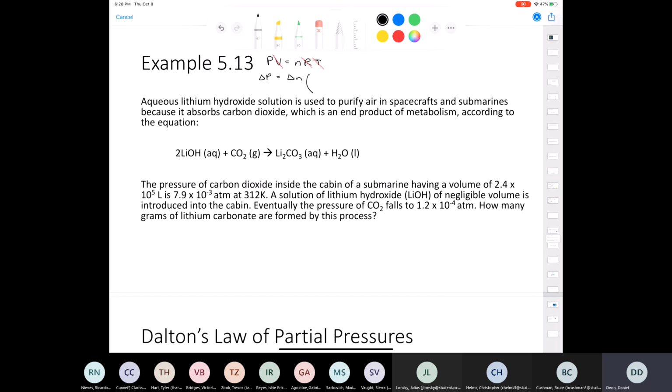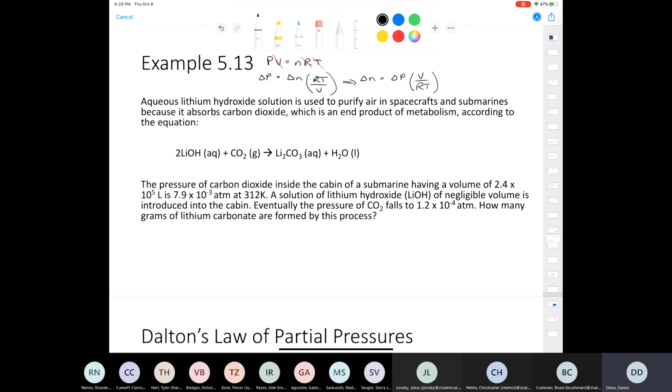multiplied by RT divided by V, which I factored out. Okay, I'm kind of going backwards here because it's not what it says in my notes, because we're actually looking for the change in the number of moles. So if you rearrange that formula, you end up with the change in the number of moles is equal to the change in pressure times the volume over RT.